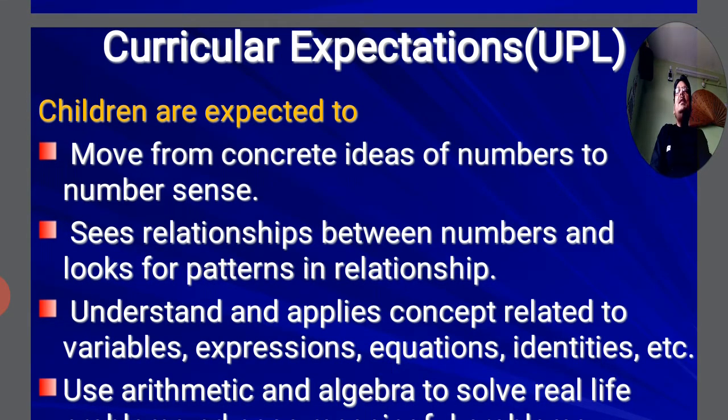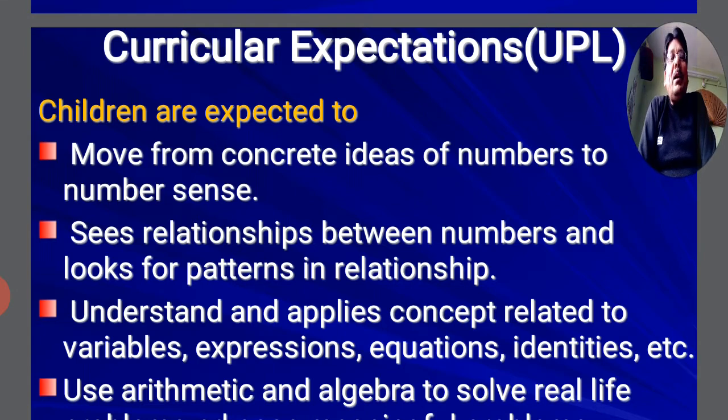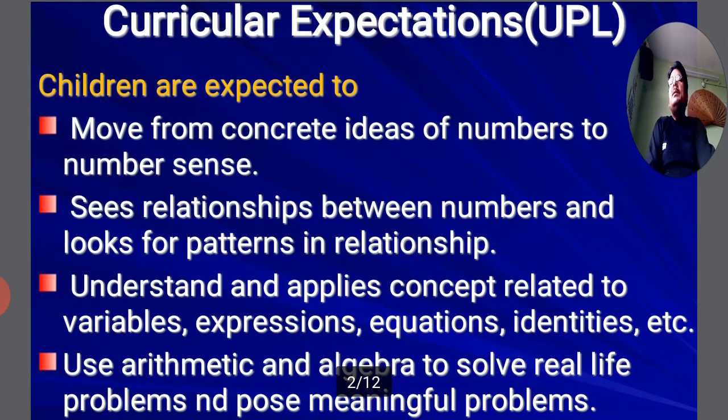So NCERT, the National Council of Educational Research and Training, has given some learning outcomes and curriculum expectations as per the NCF 2005. First, in upper primary level, children are expected to move from concrete ideas of numbers to number sense.